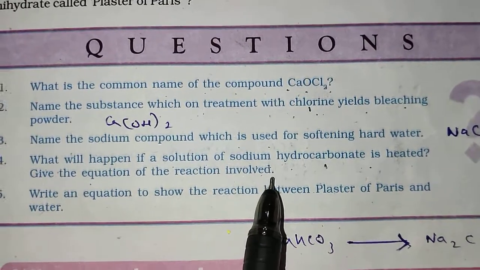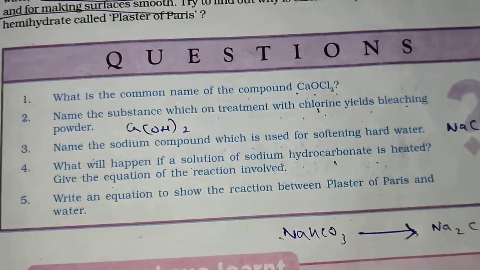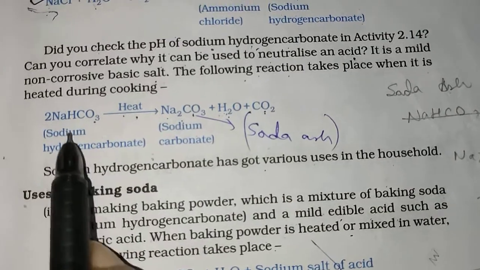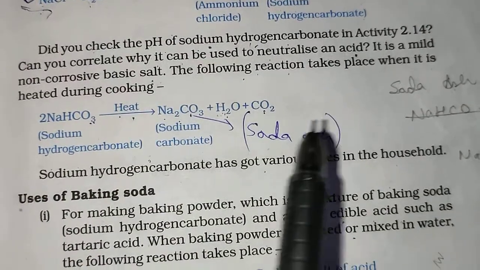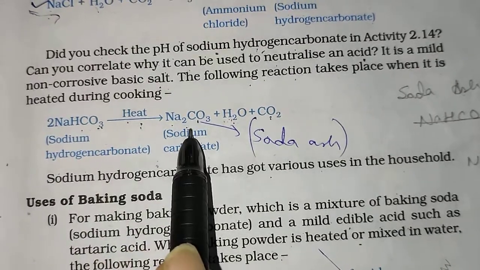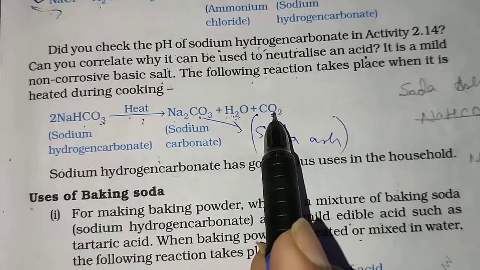It will form sodium carbonate, water and carbon dioxide. We have already discussed it here. Whenever sodium hydrogen carbonate is heated, it will form sodium carbonate, water and carbon dioxide. Okay.